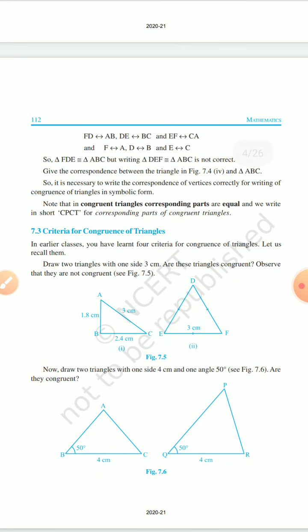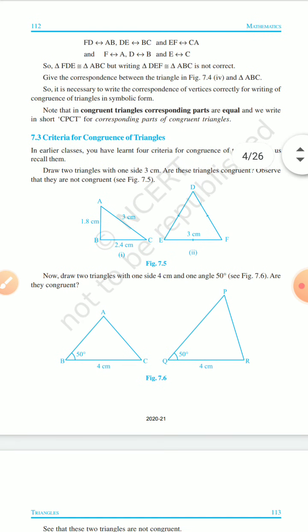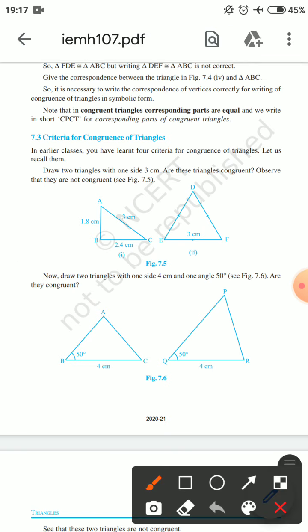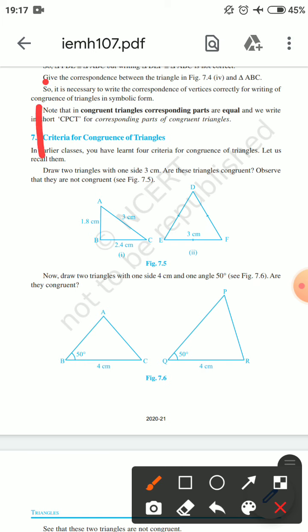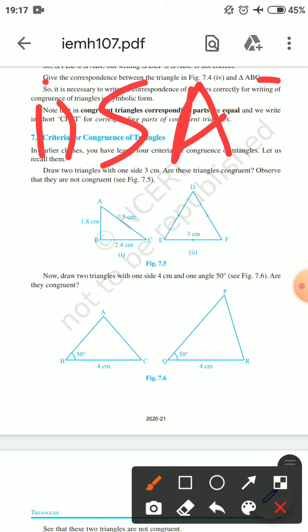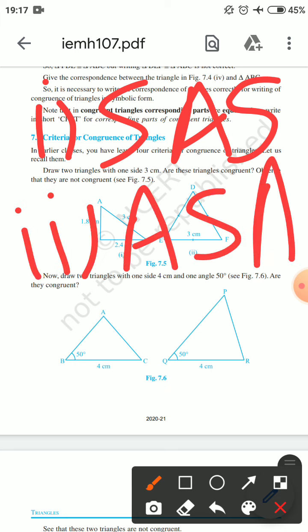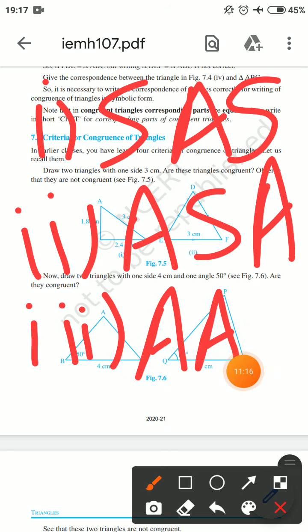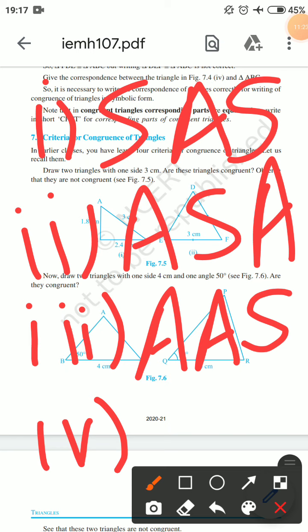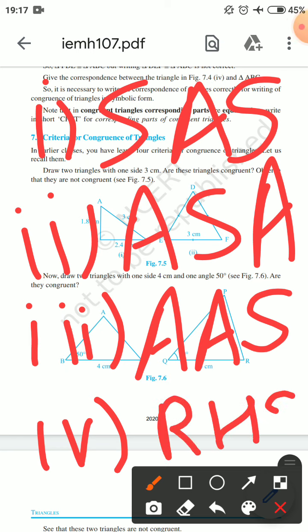right. So there are basically some criterias for a triangle to be congruent, obviously, and those are, for any two triangles to be congruent, we have some set of rules, and those are, first one is SAS congruency rule, second one is ASA congruency rule, third one is AAS congruency rule, and fourth one is our RHS rule, right.